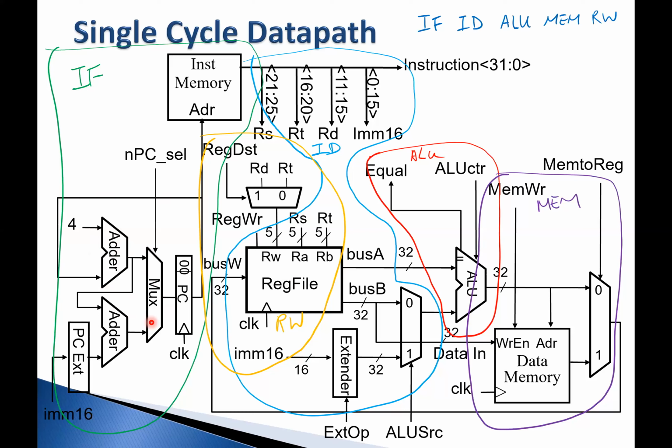You start counting from your next instruction and then add your immediate, and that's your final destination of your branch, if you take the branch. Which means that if you take the branch, you want to allow this channel to go through. So I should have a label here, 0 or 1, to make it clear. In your exam, I will provide all the 0s and 1s so that you know which channel to turn on. Even the extender, zero extension or the sign extension.